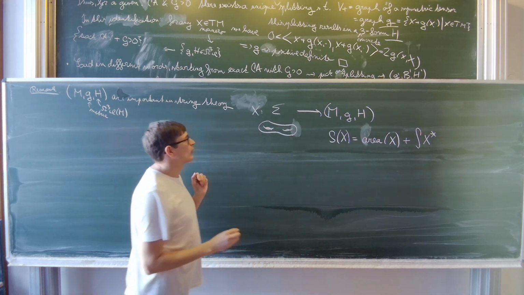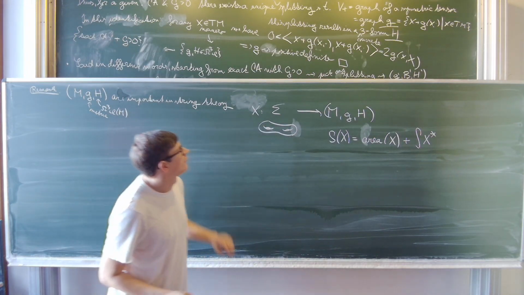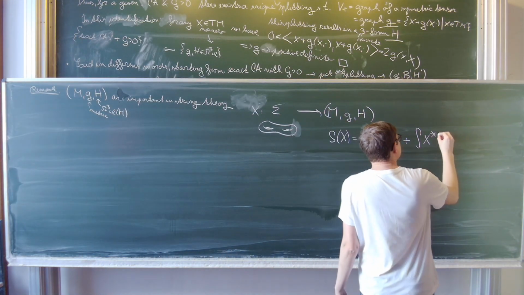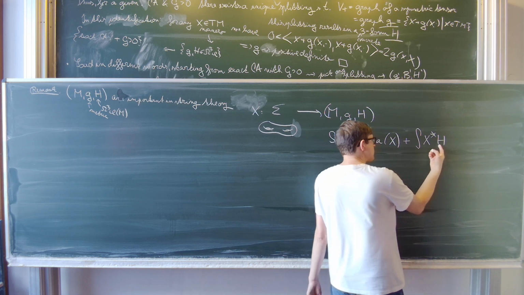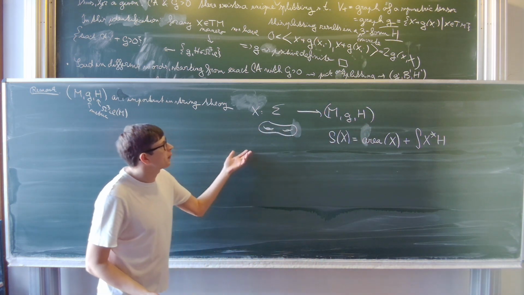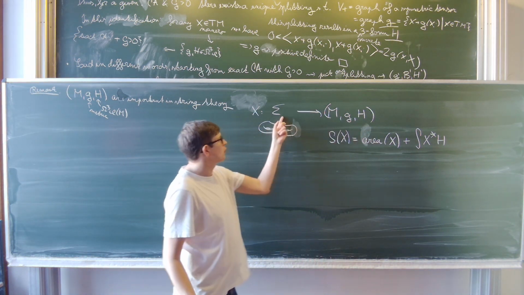Then what people sometimes say is that you take a pullback of this 3-form, but you can't really pull back a 3-form to a 2-dimensional surface.